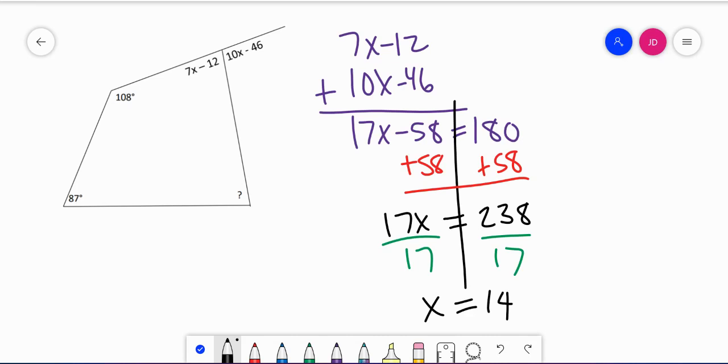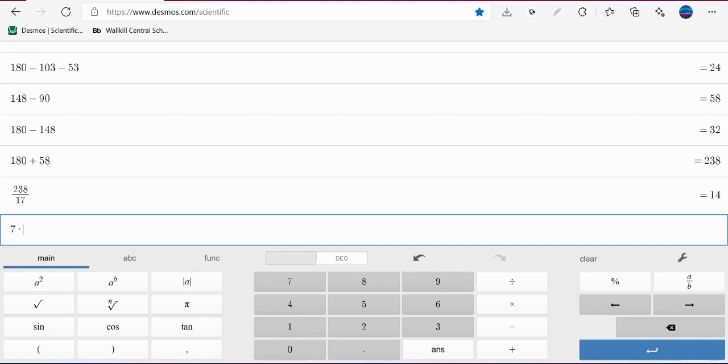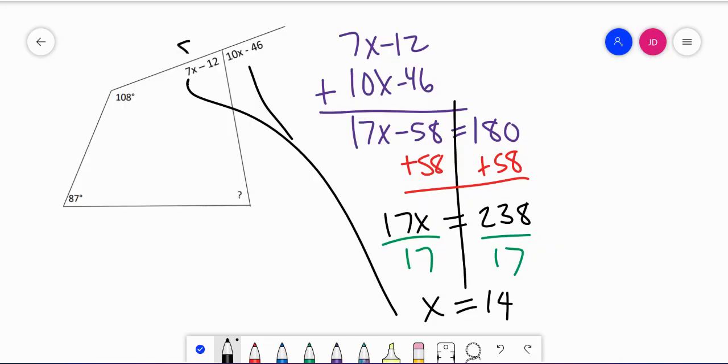So I'm going to plug it back into this one and that one. 7 times 14 minus 12 is 86. This is 86 degrees. Now I can figure out what this angle is.